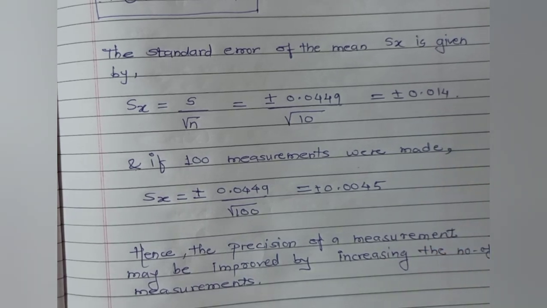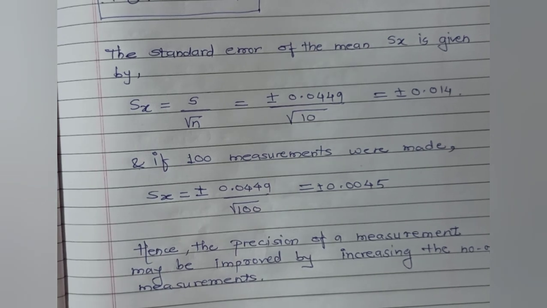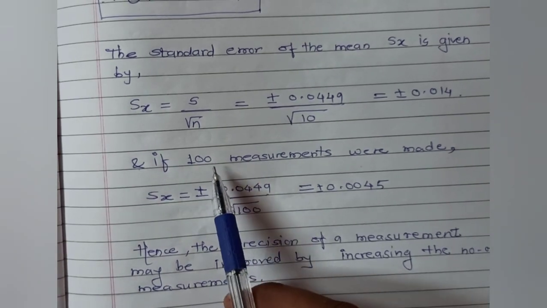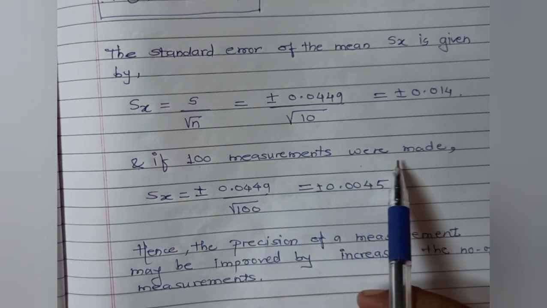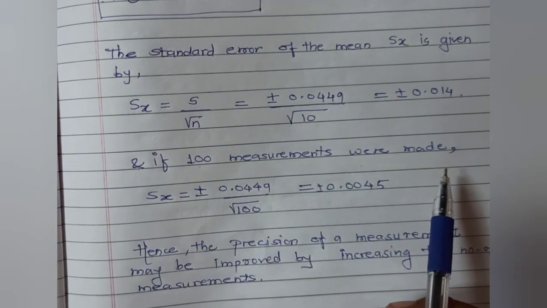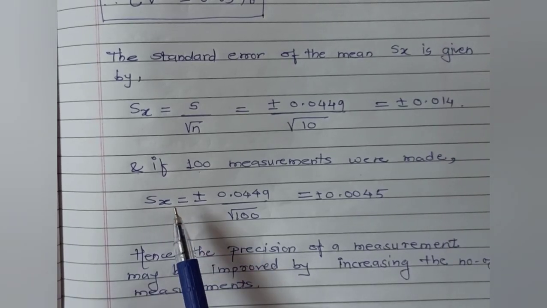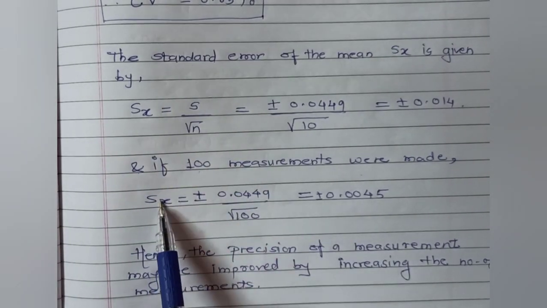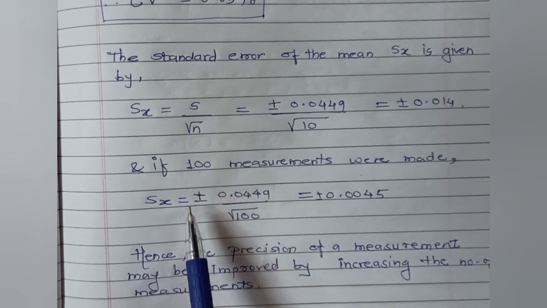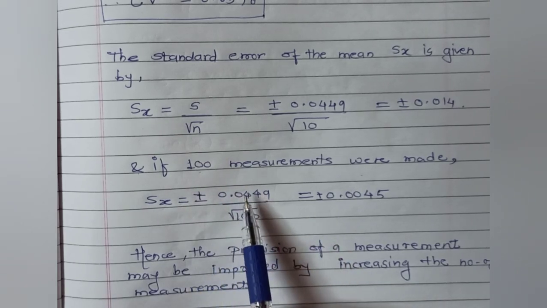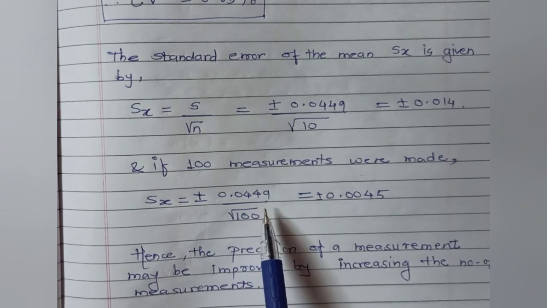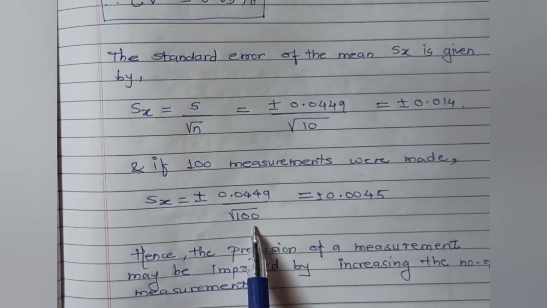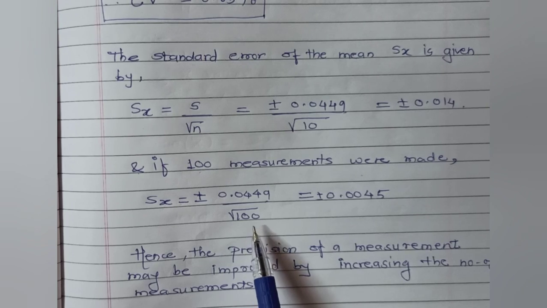Suppose an analyst has performed the same experiment 100 times, that means 100 measurements. The standard error Sx is equal to S upon square root of n. The S value is the same as above, and n will change because 100 measurements were performed. Therefore, square root of 100.